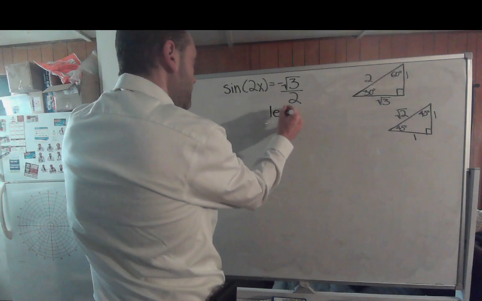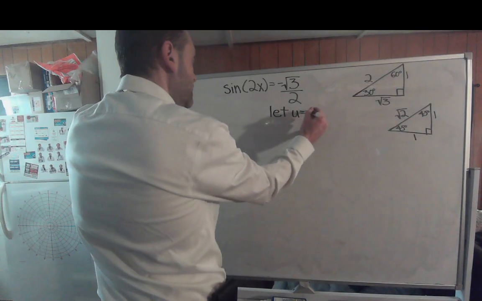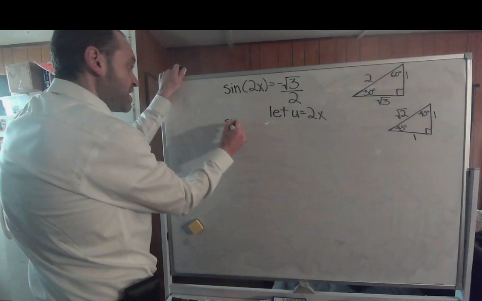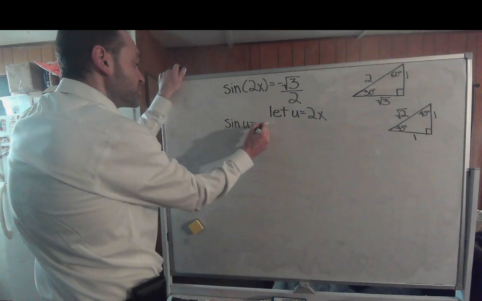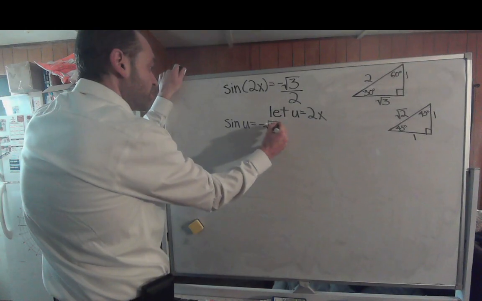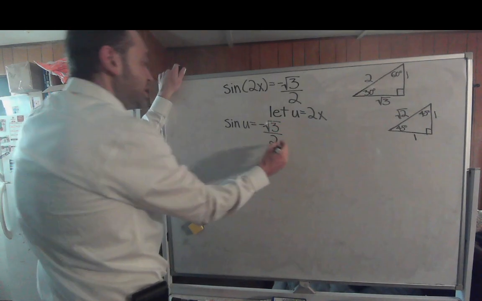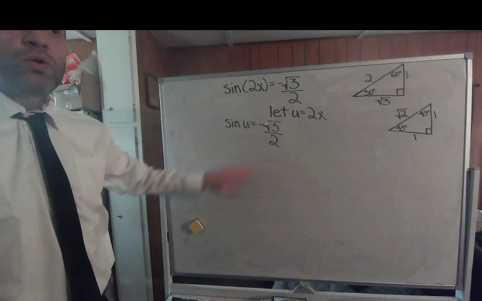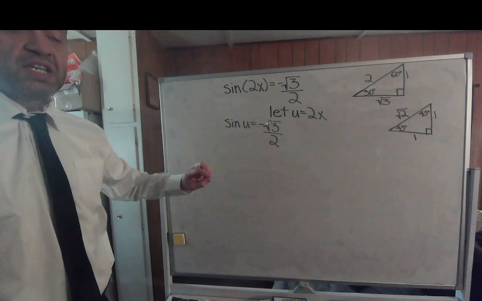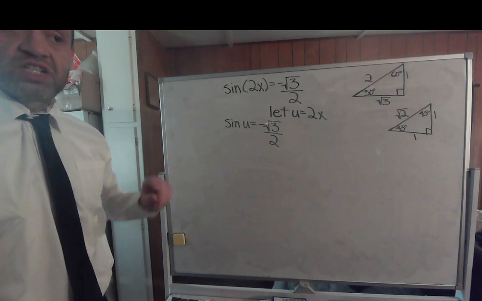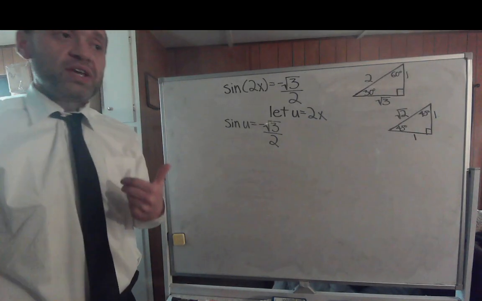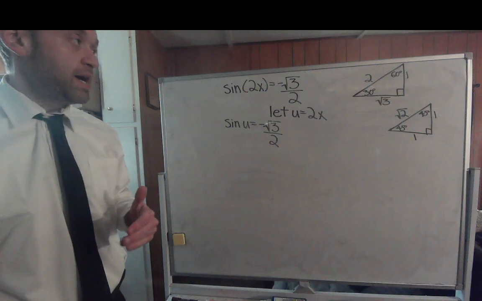So this would turn into the sine of u equals negative of the square root of 3 over 2. So this is indicating a negative sine. What quadrants give you a negative sine? That's going to be the third and fourth quadrants. And we're going to start with the interval from 0 to 2 pi.